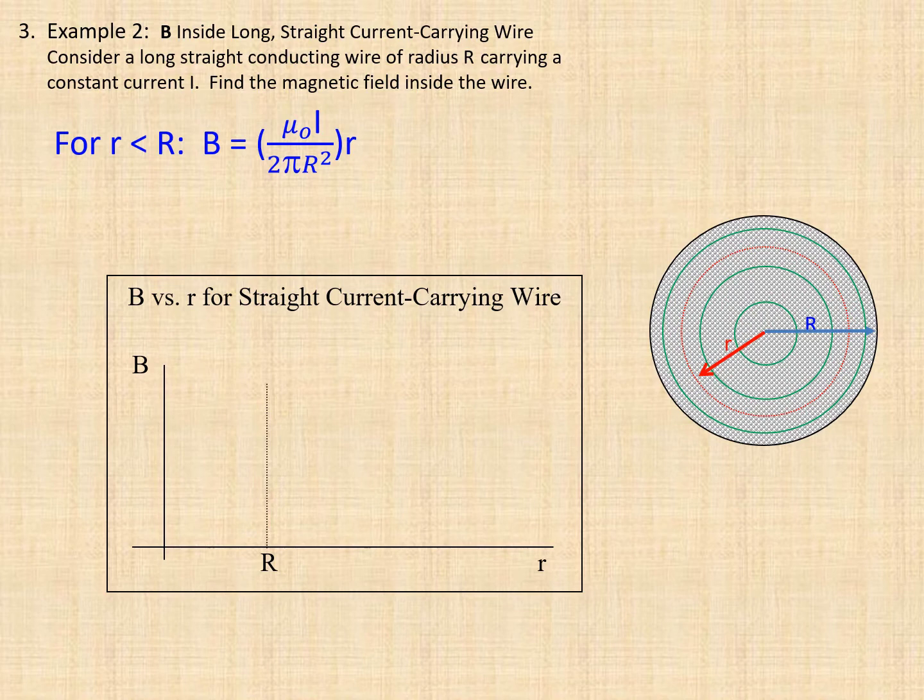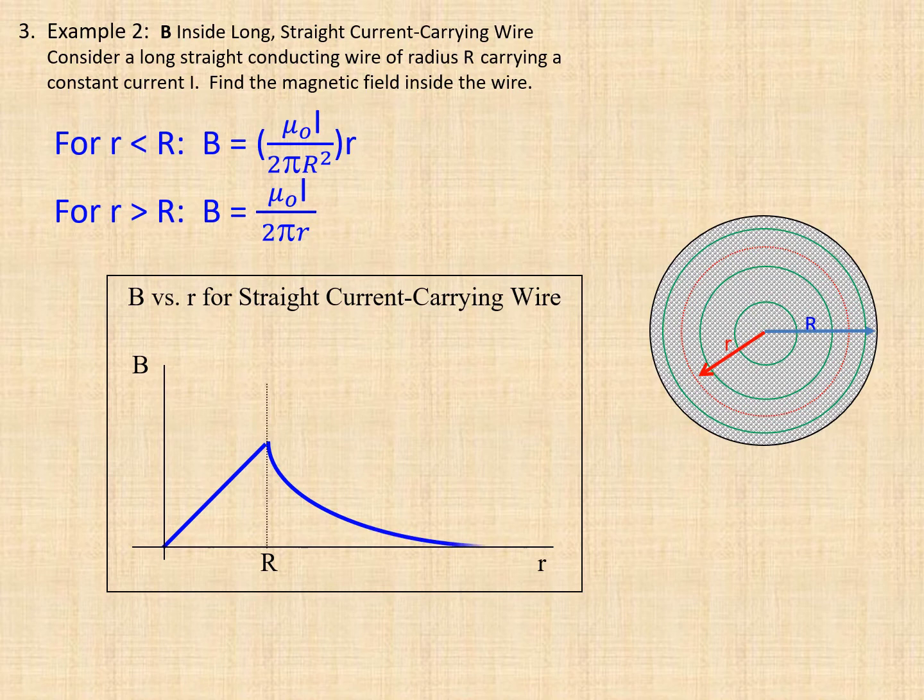So if we were to graph this relationship, that is field as a function of distance, we see that for all points inside of the wire, the field increases linearly in strength with distance. Once we get to the wire boundary, however, and now we're looking at field points outside of the wire, we see now that there is this inverse relationship between field strength and field distance. So this is our typical inverse relationship here.